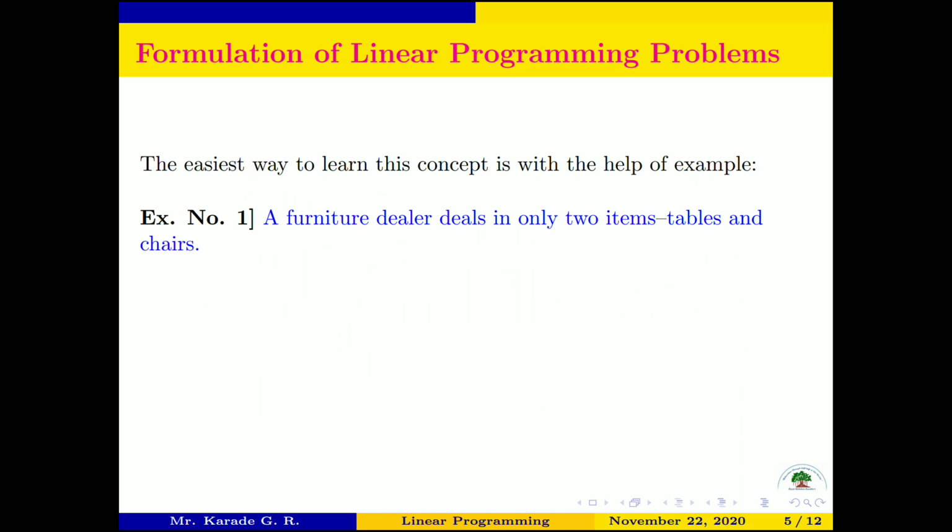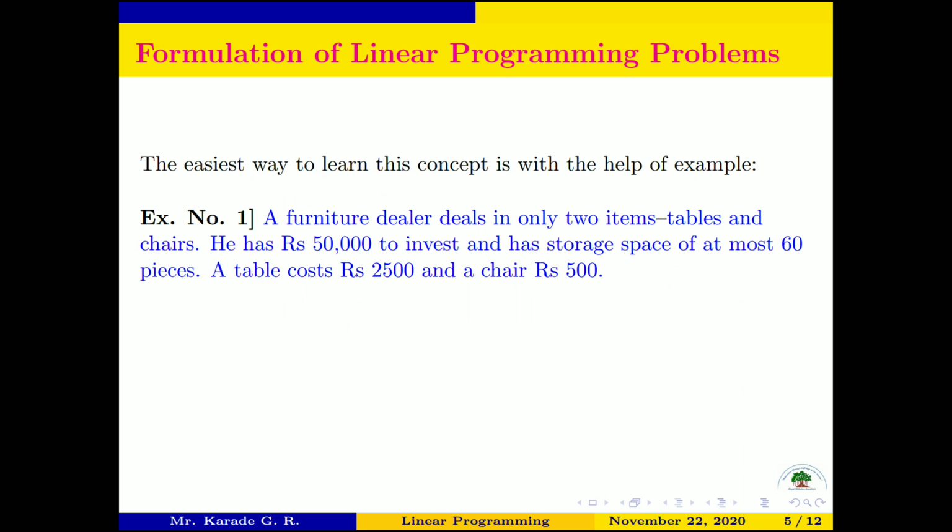A furniture dealer deals in only two items, tables and chairs. He has rupees 50,000 to invest and has storage space of at most 60 pieces. A table costs rupees 2,500 and a chair costs rupees 500.